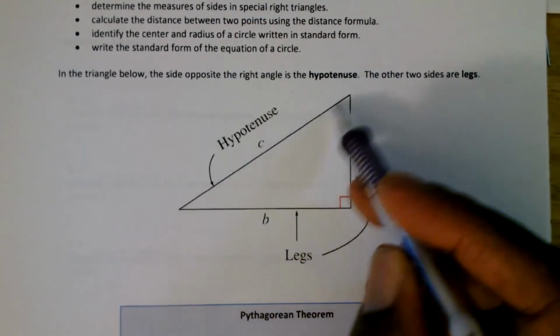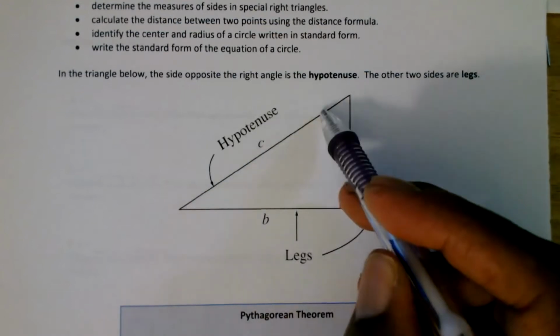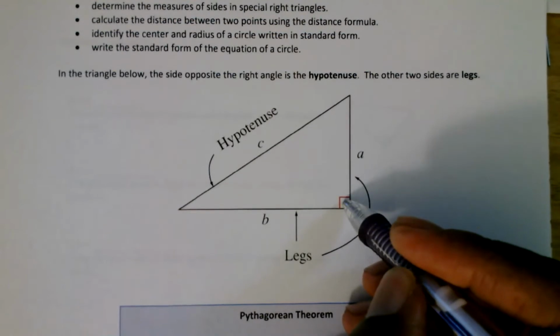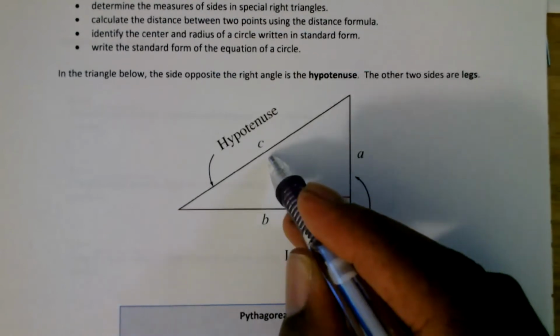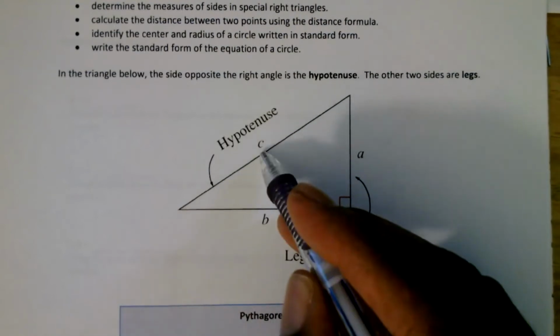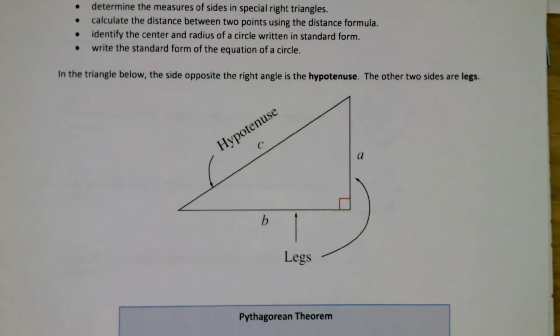The longest side of this right triangle, or the side opposite the right angle, so this is the right angle here, then the side opposite that would be the hypotenuse, which is labeled as C. And the hypotenuse is always going to be the longest side of that right triangle. And of course, A and B are legs.